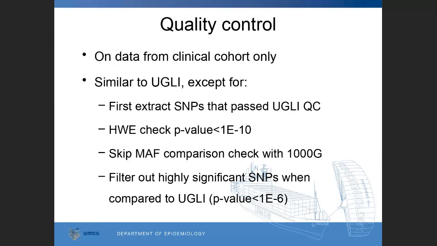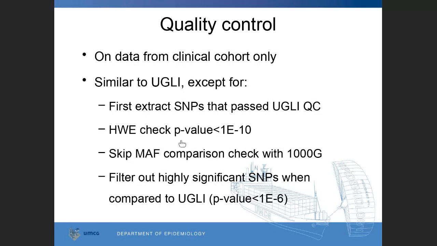After the calling, you extract again the data from only your clinical cohort, and we perform quality control on the data similar to what was done in UGLI, except for a couple of changes. Because we want the data to be as similar as possible to UGLI, we first extracted only those SNPs that passed the UGLI QC, so they were considered of good quality.